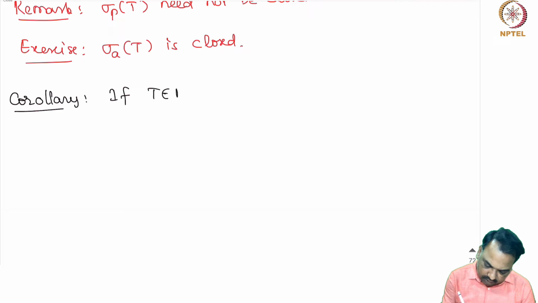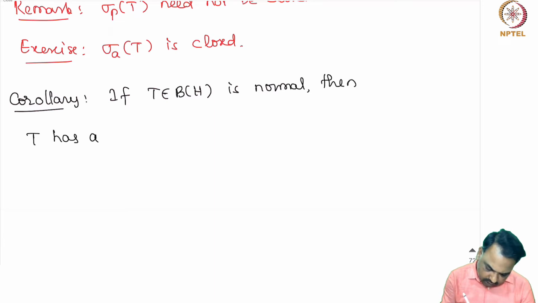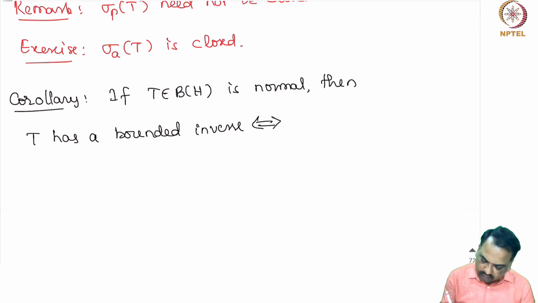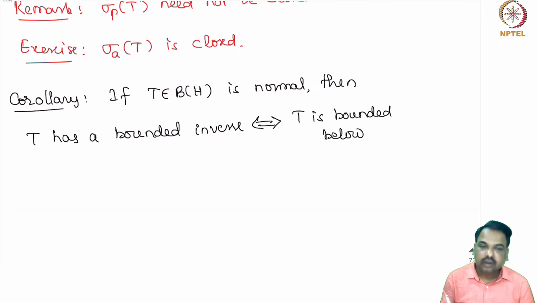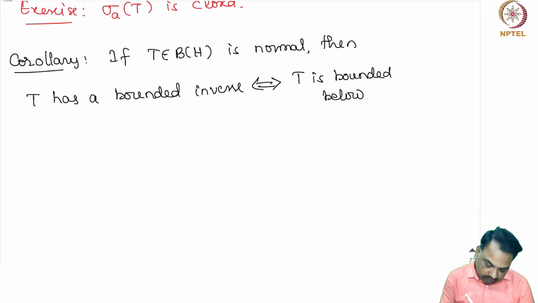If T is normal, then we know that T has a bounded inverse if and only if T is bounded below. So we have observed this earlier. Now when lambda is a complex number, if lambda is in C, then we can conclude that T minus lambda is also normal.